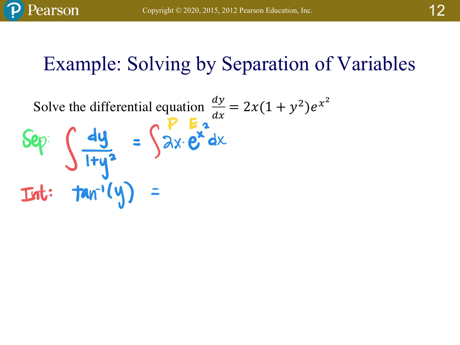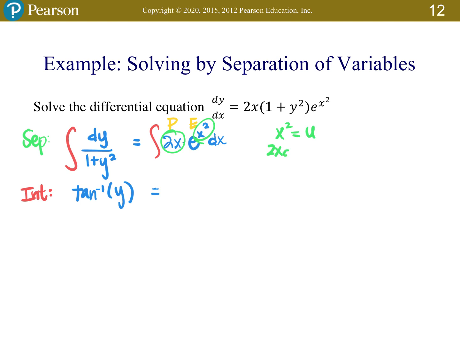A u-sub. Julie, where do you see a u-sub maybe working? The fact that x squared is here. And what's the derivative of x squared? 2x, which is here, and that's usually a good sign that a u-sub might work. So let's try that. Let's take just the x squared, there's not a 2, and claim that as our u.